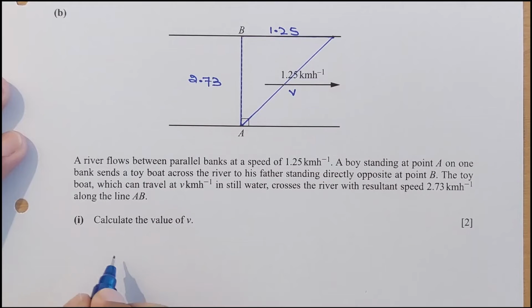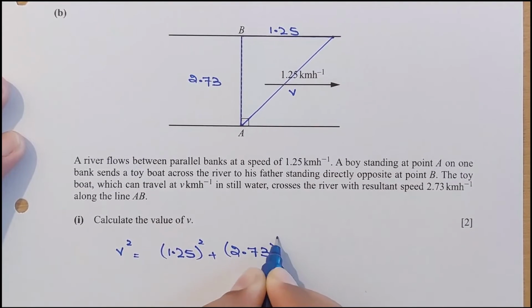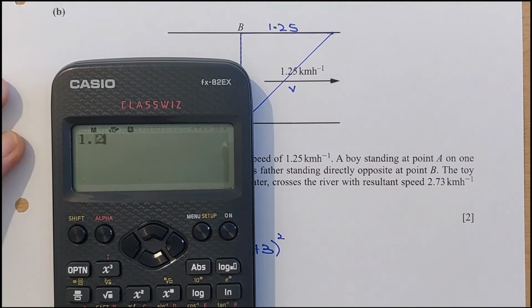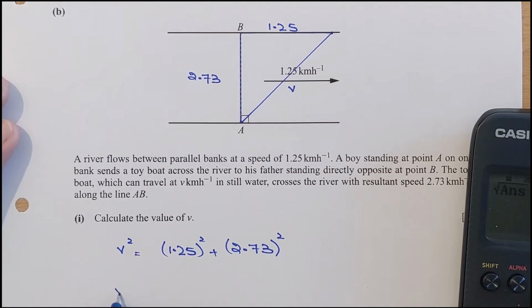So v squared is equal to 1.25 squared plus 2.73 squared. To get the value of v, we take the square root. 1.25 squared plus 2.73 squared, and the square root of the answer is 3.00. So the value of v is 3.00.